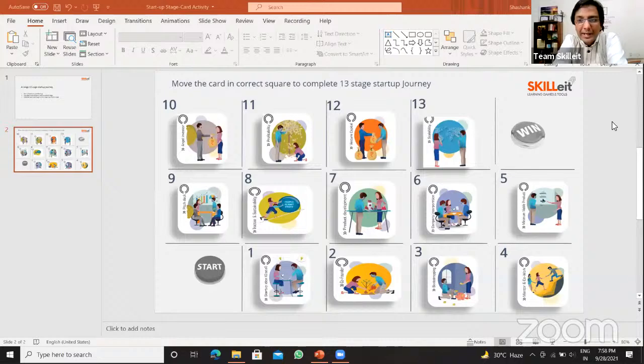So another part is, see, again, I'm saying there is no standard journey because every entrepreneur has a different journey. There will be so many ups and downs. Sometimes you are not getting an investor in the entire journey. There are a lot of great startups like Zoho who are bootstrapped.